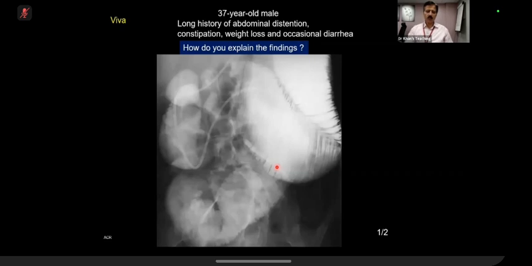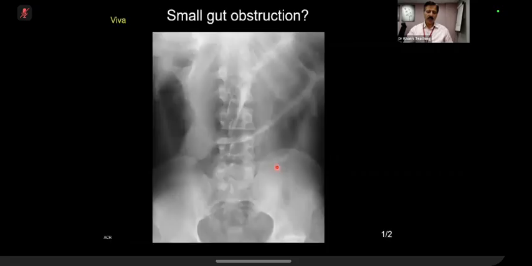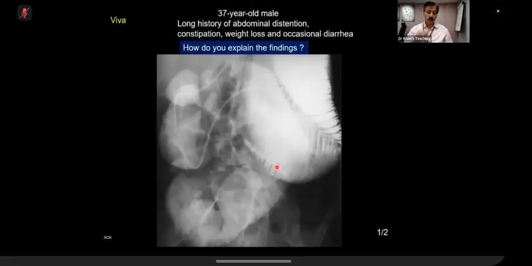First of all, let's go back and see the pathology. You remember that there is muscularis propria in the gut. This muscularis propria, which is the smooth muscle of the gut, is replaced by collagen and fibrosis. This is what is happening in the small bowel. And because of that, there is a particular pattern which can be seen here.